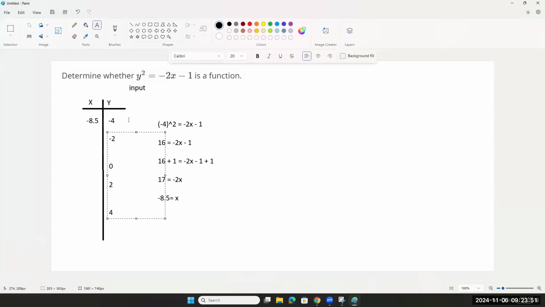Now, I'm going to ask you to pause this recording and work out the answers for these on your own now that you see that we have a way of doing this kind of work. I'm going to let you do these on your own, and then I'll fill out the table and we'll complete this problem by looking at the definition for a function.